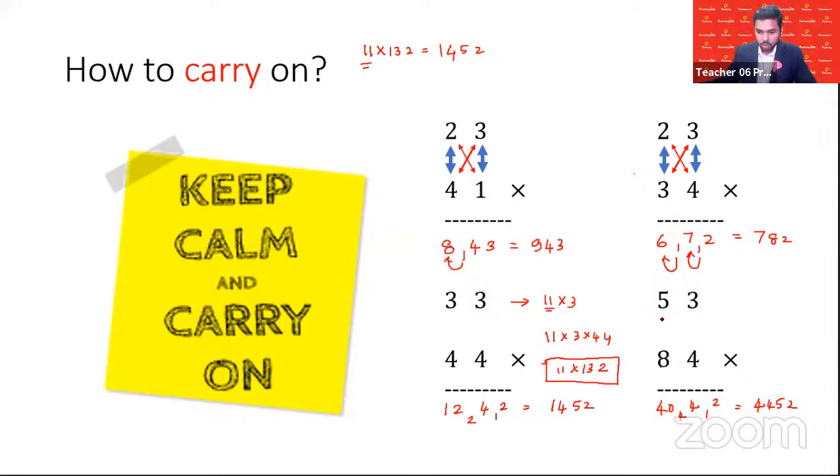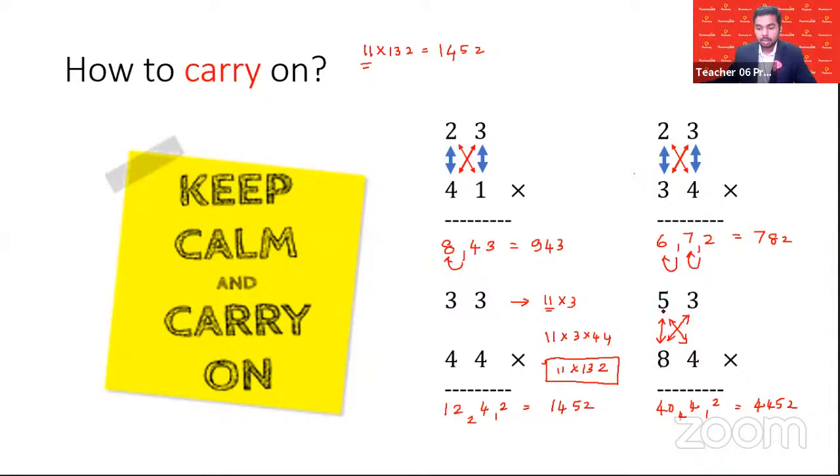So what we are going to do is vertically and crosswise. In this method, first you take the highest digit. This is the tens place of the first number, and this is the tens place of the second number. You multiply these two. You will get 5 times 8, which is 40. Then for the next place, you have to do crosswise multiplication. You do 5 times 4 to get 20 and 8 times 3 to get 24.